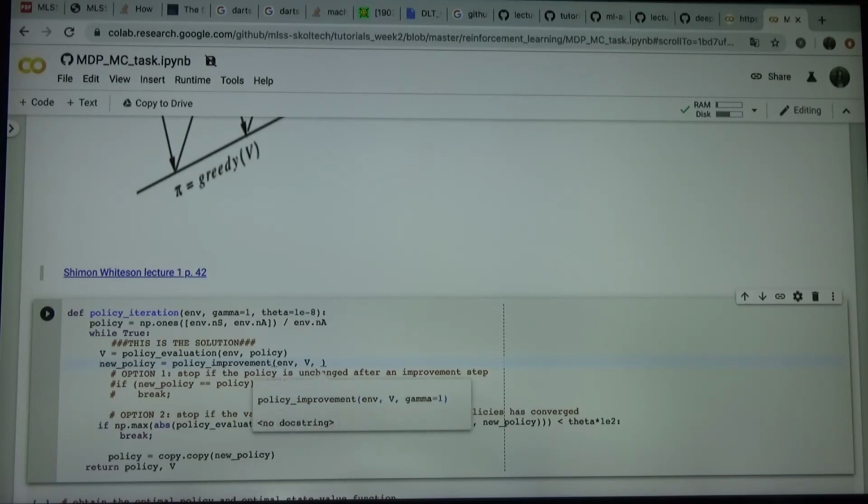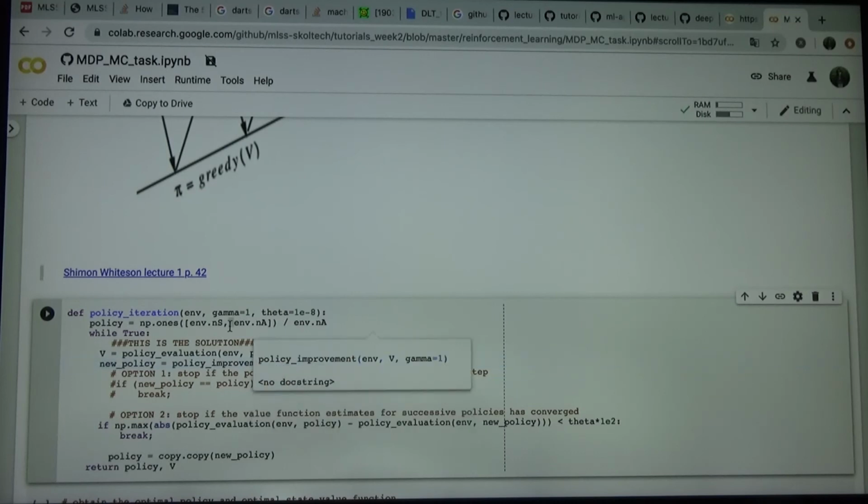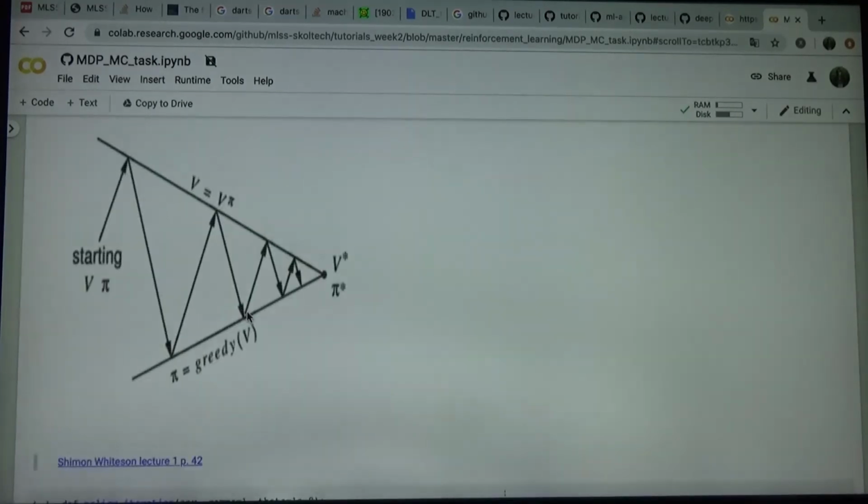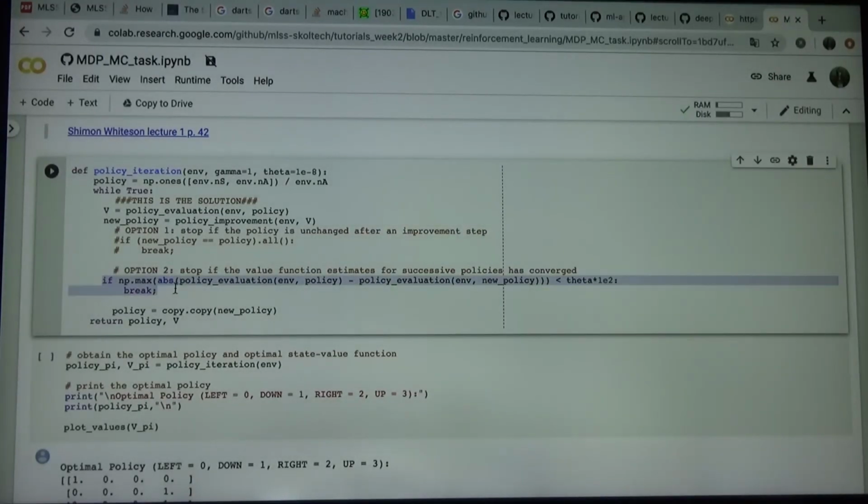And that's it. Now we do the convergence, right? You have here 2 options. As soon as the new policy becomes equal to the previous policy, you kind of stop.